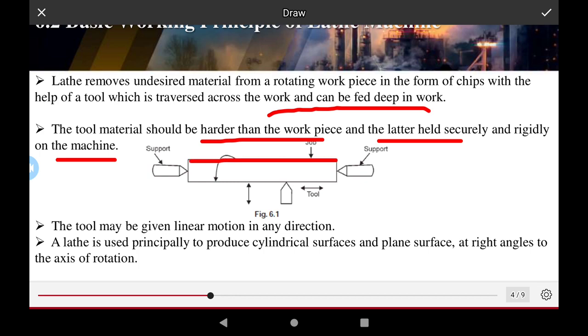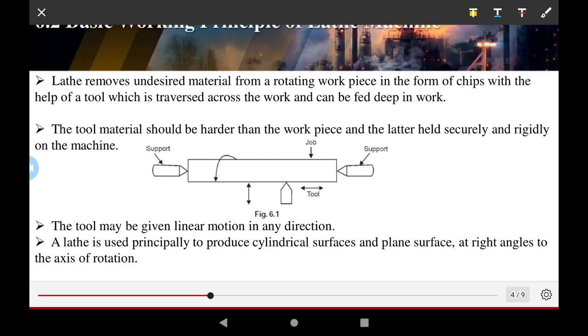This is the workpiece, this is the tool supporting the workpiece, this is the job. Motion of the tool: the tool may be given linear motion in any direction.